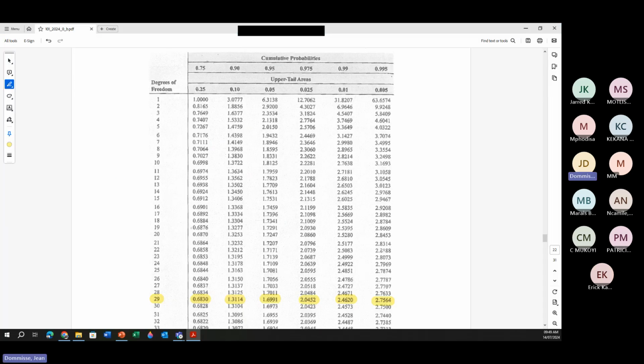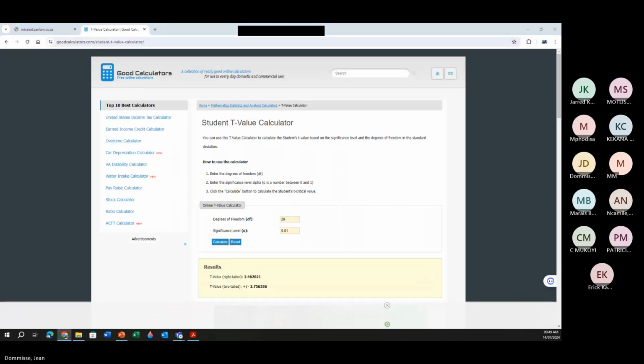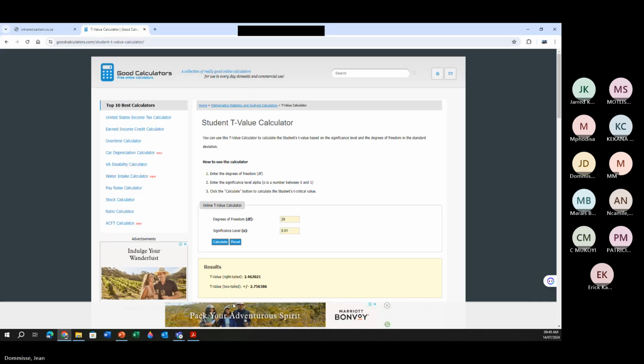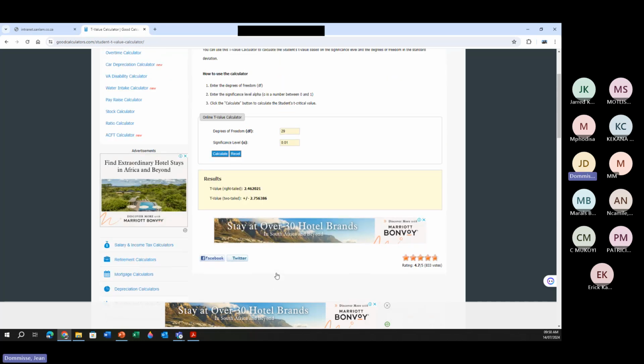I just want to check, or did we say 0.01? 0.01, because it was 99%. Okay, so they're just working out the T value.